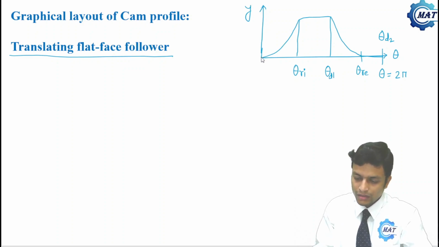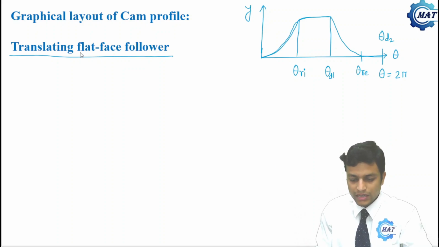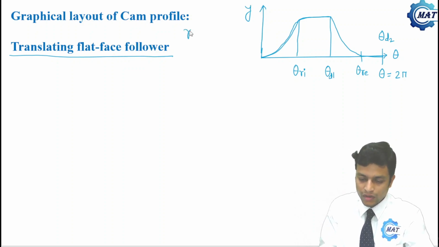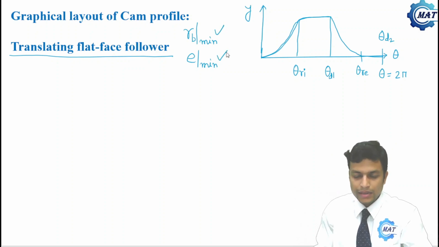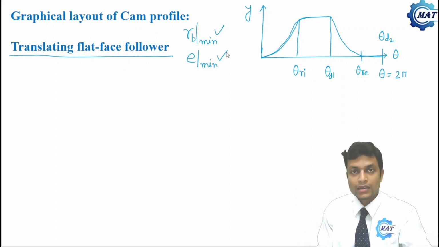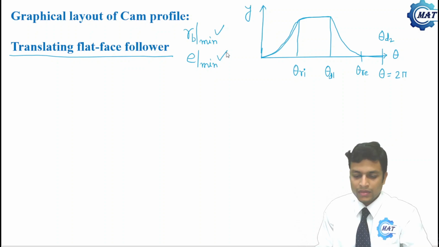So this displacement diagram is given, and for the translating flat face follower we have already determined the value of minimum base circle radius and value of minimum offset. So Rb and e we have determined earlier, and now the y theta plot is given.